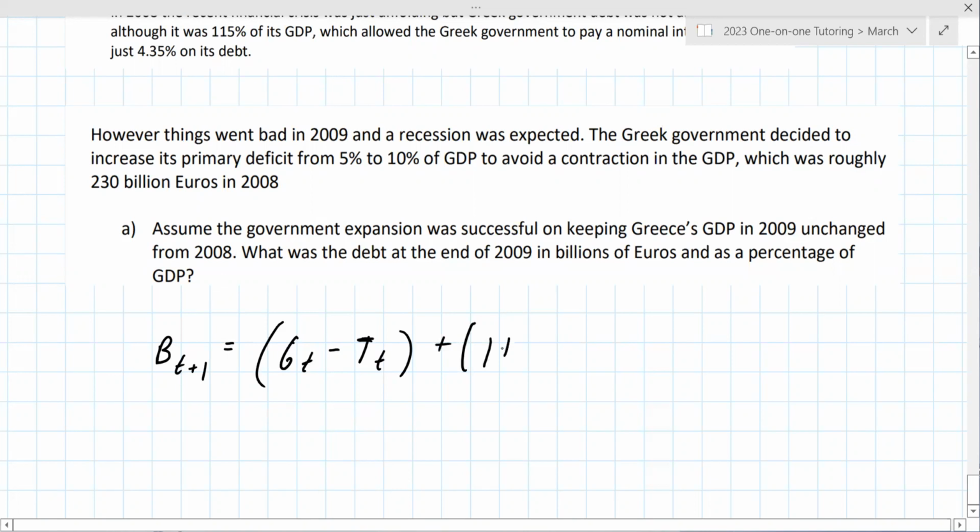Plus 1 plus I T B T. This is some sort of recursive relationship. Does it look familiar to you? A little bit, not enough, I'd assume.